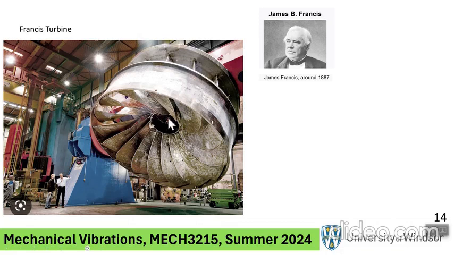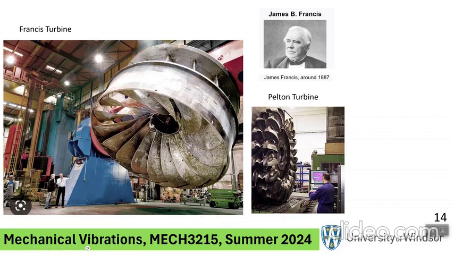So it's got passages and flow goes from the top through these passages, and it goes here, pushes on these blades and makes the turbine turn. Water comes from the top, goes through these passages, comes down here, and hits these blades, basically making the turbine turn. This is called a Pelton turbine for small scale operations.